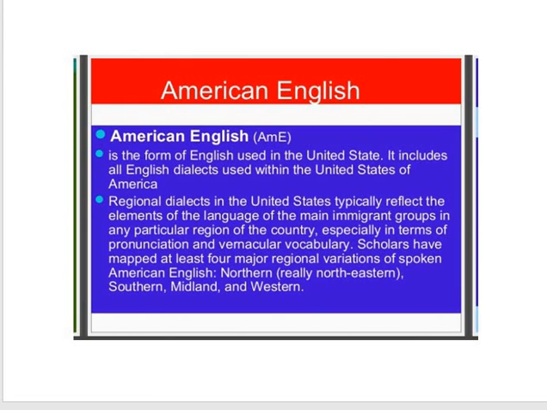Scholars have mapped at least four major regional variations of spoken American English: Northern, Southern, Midland, and Western.